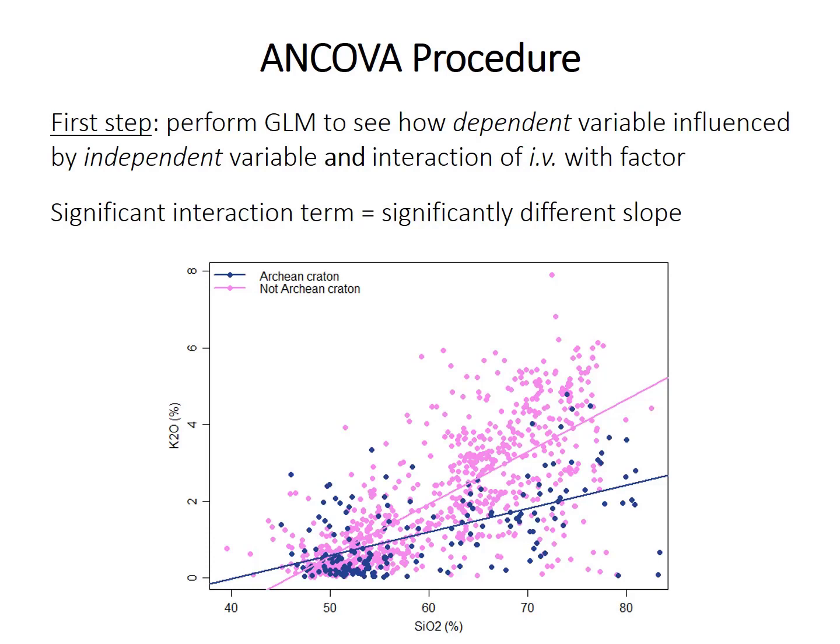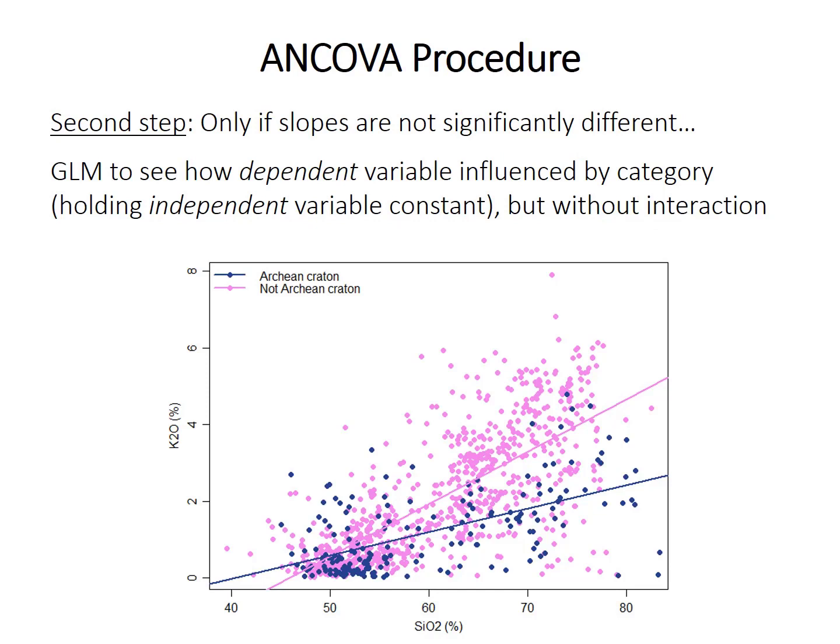I'll talk about the next step, but it turns out that having an equal slope is an assumption for the next step. However, if the slopes don't differ significantly, you can then test a second model to see how the dependent variable is affected by the category, holding the independent variable constant, and how the dependent variable is affected by the continuous variable, holding the category constant.